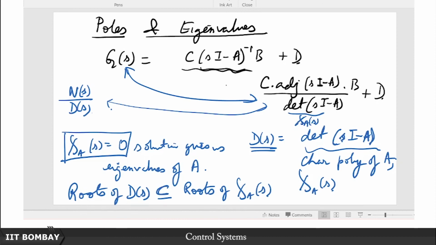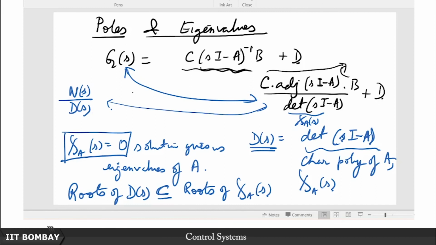Well, that is because sometimes these C and B matrices have a tendency to be a little mischievous. Sometimes, because of the structure or the entries in these B and C matrices, remember that C is a row vector of size n and B is a column vector of size n, you might have some cancellation.